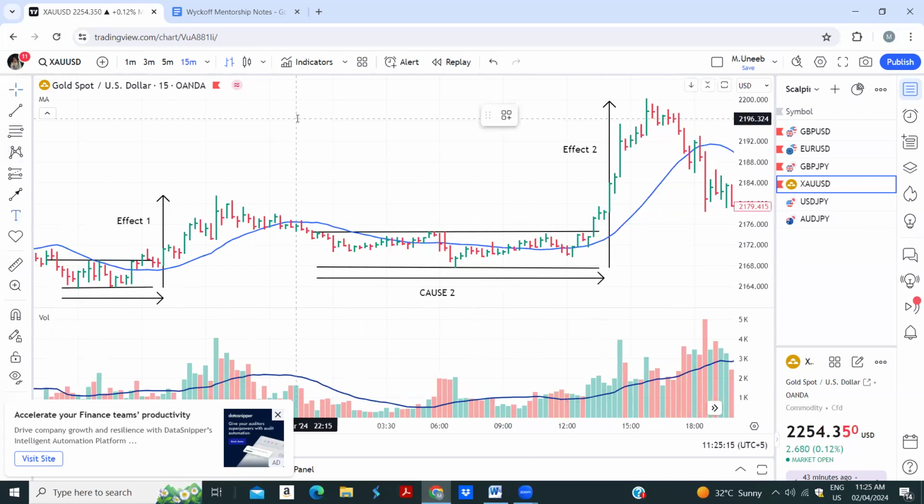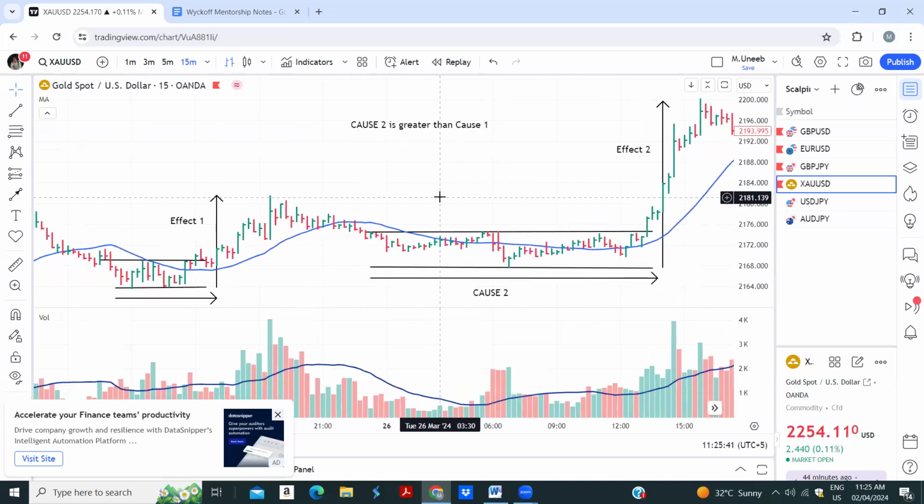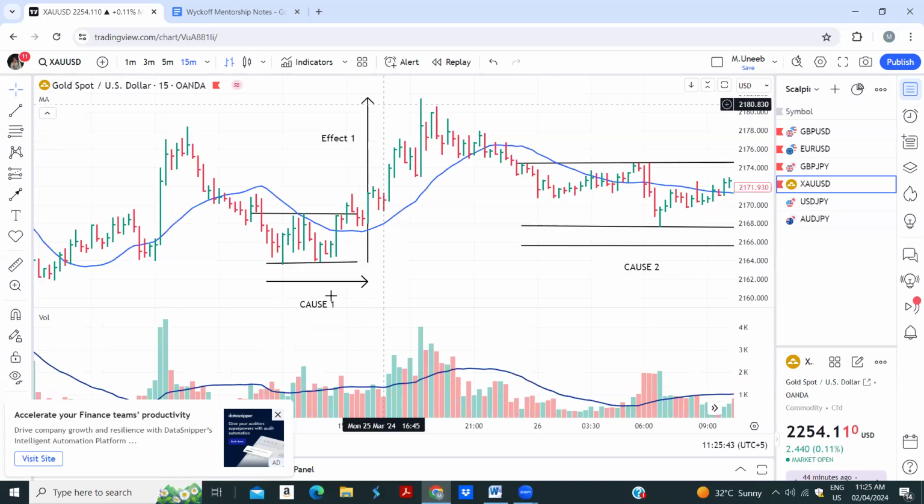We can say that cause two is actually greater than cause one. So this is cause one, this is cause two.